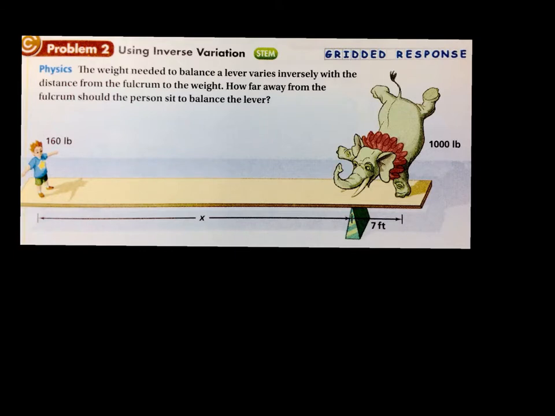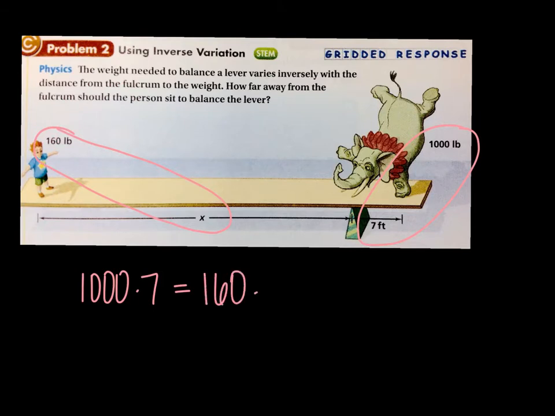So you don't really have to set the k's equal, you just have to set xy equal. So I'm going to take x times y, and it really doesn't matter which one you call x and which one you call y. So 1,000 times 7, and I'm going to set it equal to my weight times the distance from the fulcrum. And then I'm going to find out what x has to be.